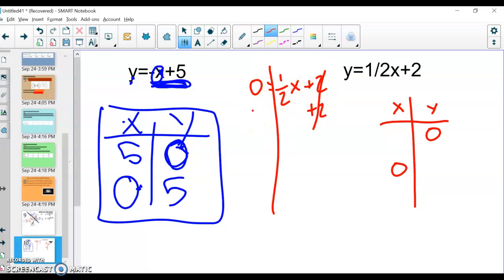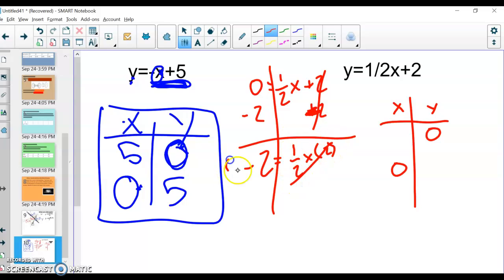Minus 2, minus 2. Now I have negative 2 equals 1/2 of x. To get rid of this fraction, remember, just multiply it by 2, multiply it by its denominator. 2 times negative 2 gives us negative 4. That part's done.